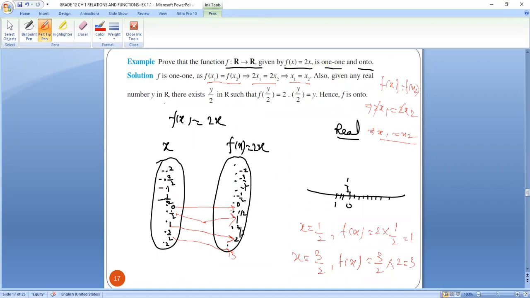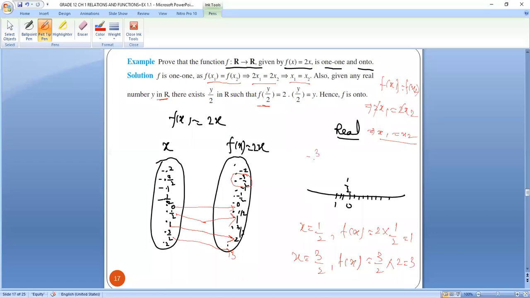Also, given any real number y in R, there exists y by 2 in R such that f of y by 2 is equal to y. We have taken the example that on the right hand side, in the range, you take any element. Say if I'm taking minus 3 by 2, and I just want that its pre-image should be there in X. Then it will be there.